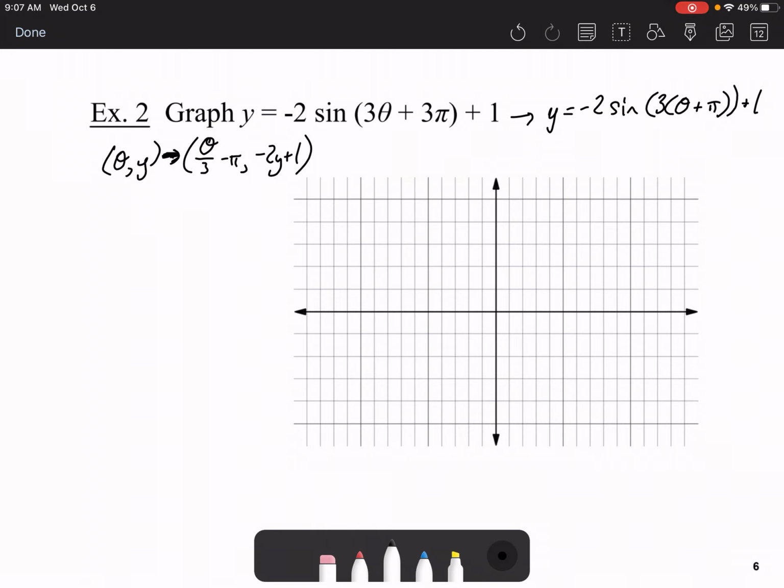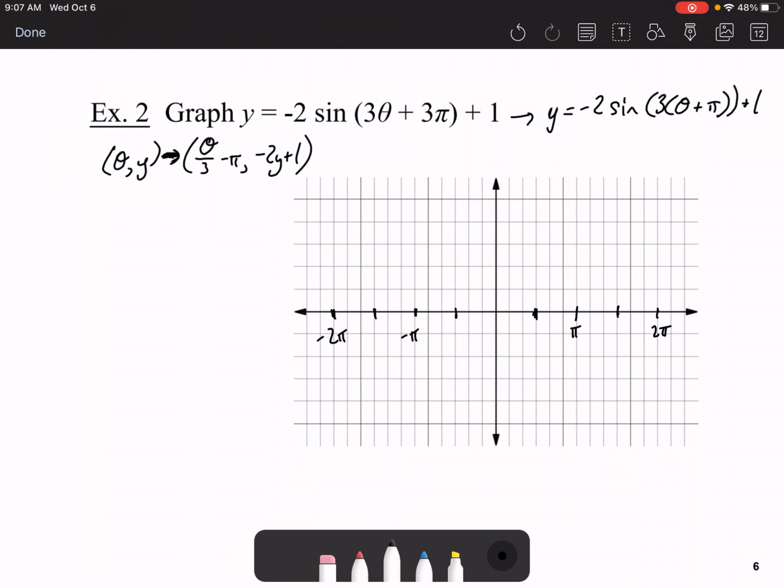Now, because we're using theta as multiples of 3, I would actually use our pi units, or pi over 2 units, as multiples of 3. So this is where I would put pi, and this is where I would put 2 pi. So I'm just going to extend on the other side.